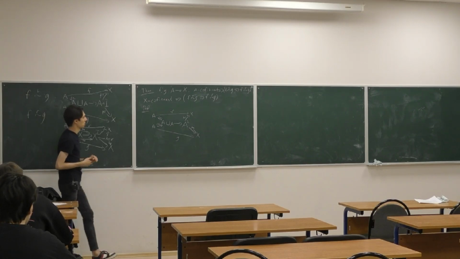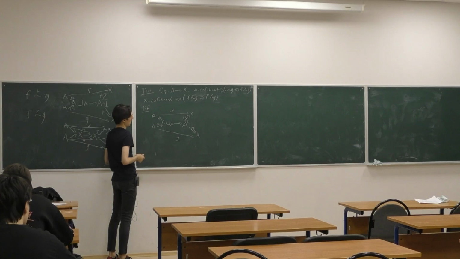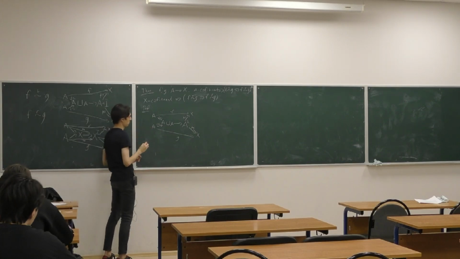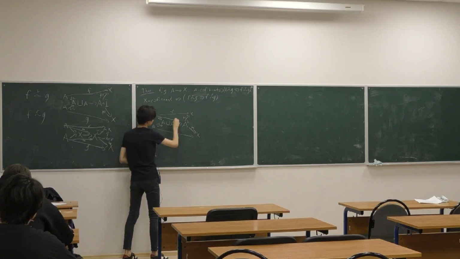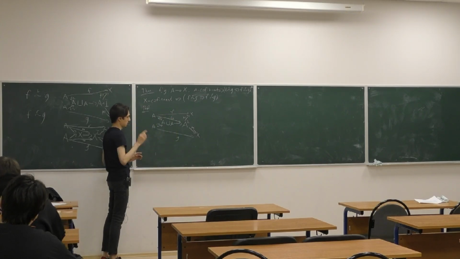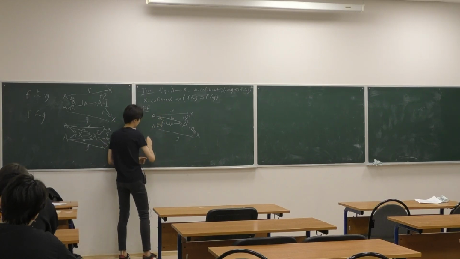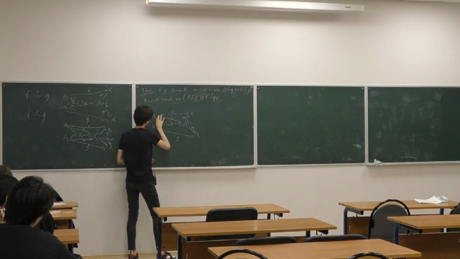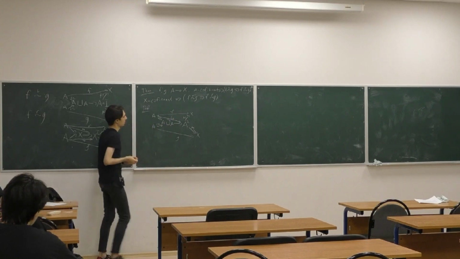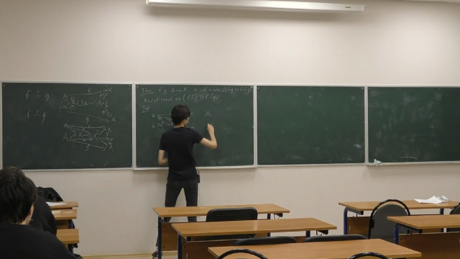Okay, so as A is cofibrant, we know that if A is cofibrant, then this inclusion called A0 is actually an acyclic cofibration. So we draw this diagram.